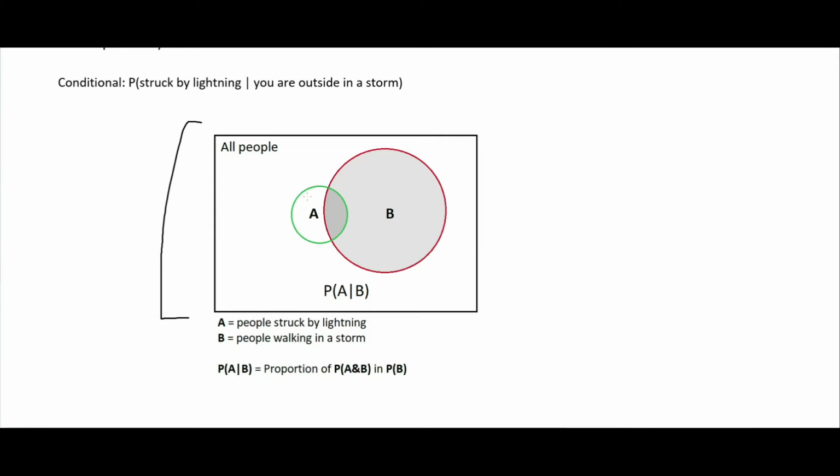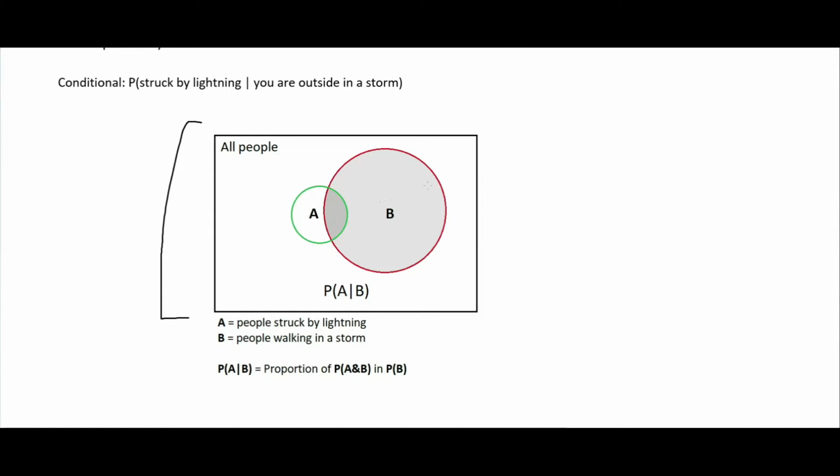But we can imagine that this green circle of people who are struck by lightning is going to be much smaller than the box of all people. I mean, it's almost proverbial that getting struck by lightning is a rare event. We always say things like you have a better chance of getting struck by lightning than winning the lottery or things like that. So we know that A is small.